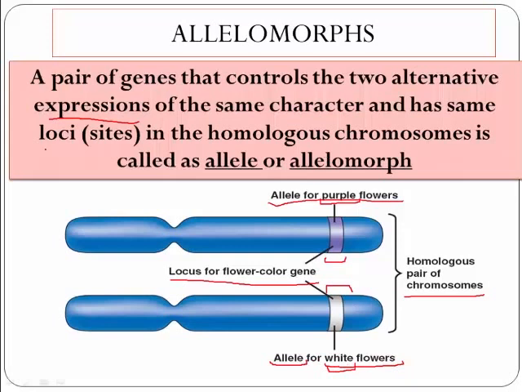They have the same loci. That means they have the same locus. As you can see, in the homologous pair of chromosomes, they have the same locus for flower color gene. So, they are the alleles. Now, you must have understood what are alleles. Right?